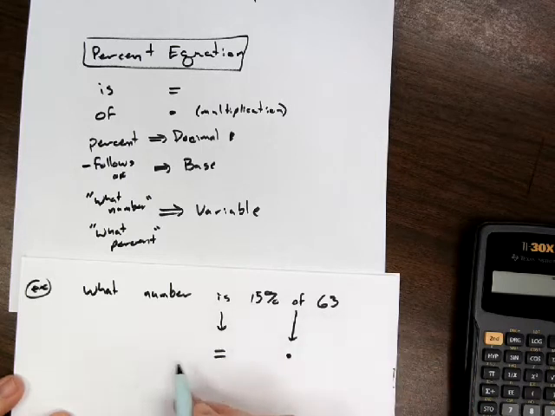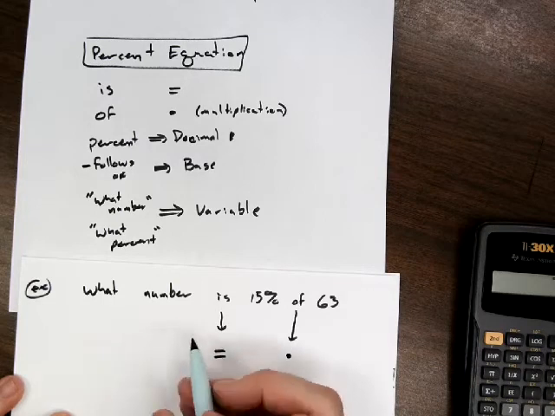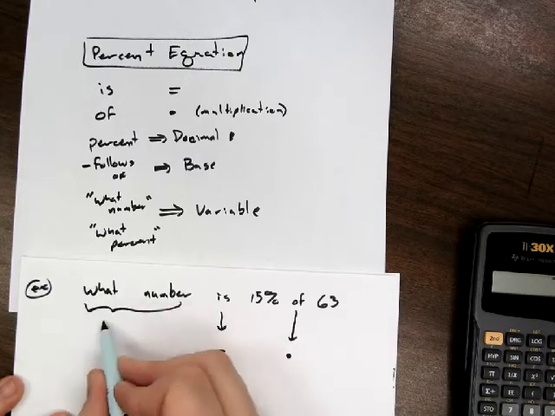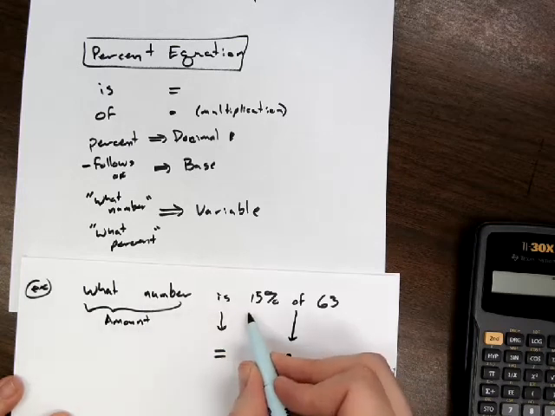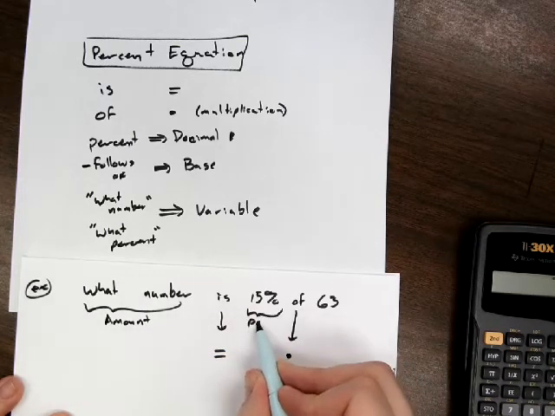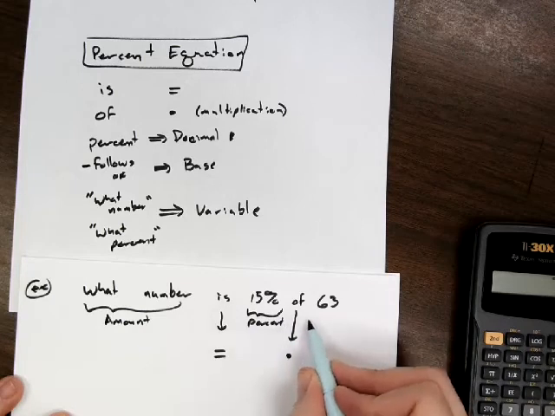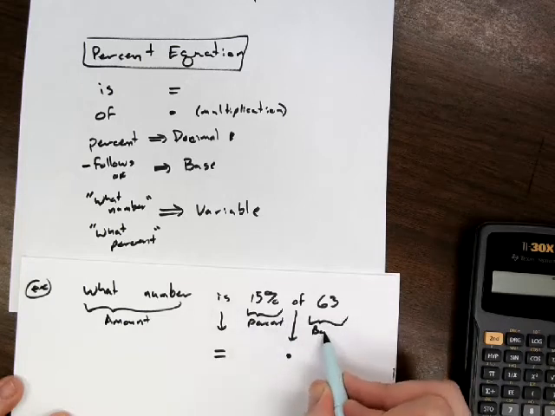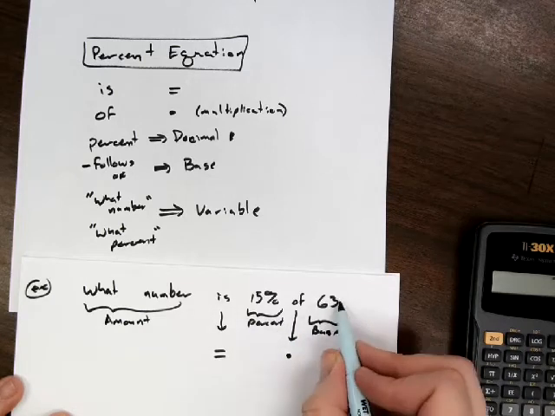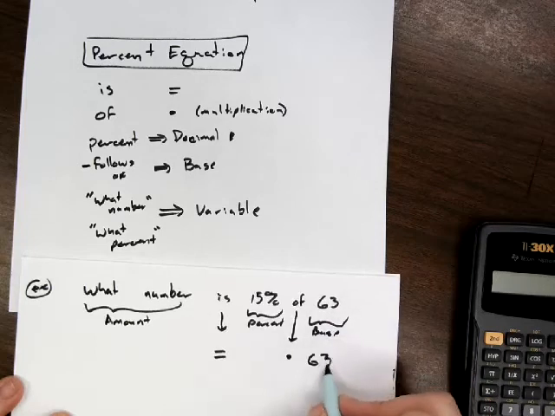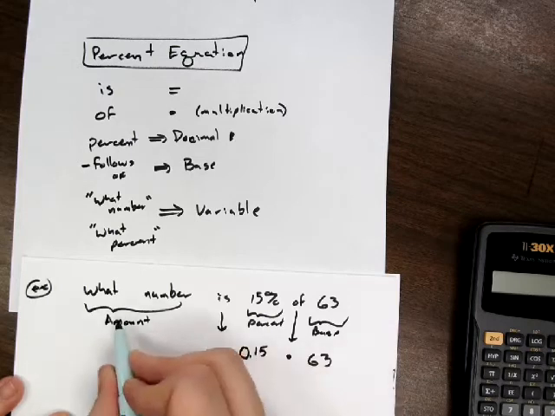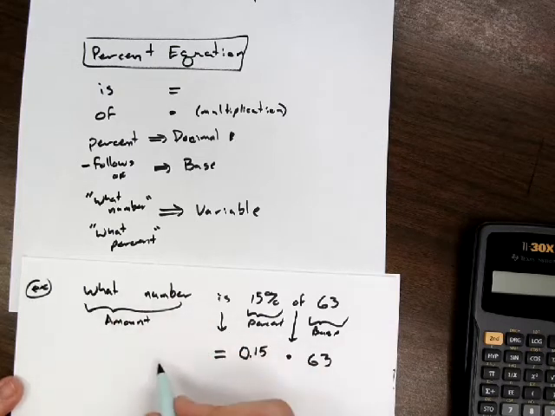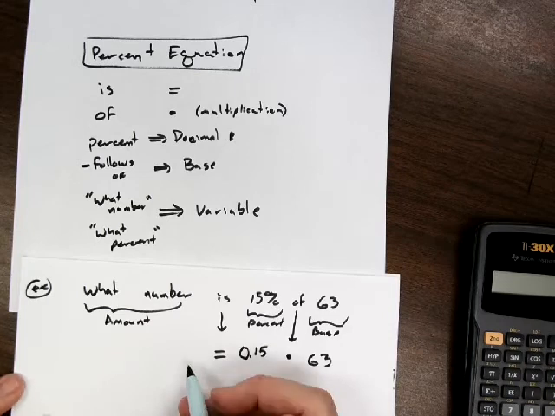So this piece right here is going to be our amount, this is our percent, and this number here is going to be our base. Well, we have a number for that. This 63 is just 63. That 15%, I'm going to write as a decimal, so 0.15. And since we're looking for an amount, rather than use just any old variable, I'm going to call that A. Makes it a little easier.